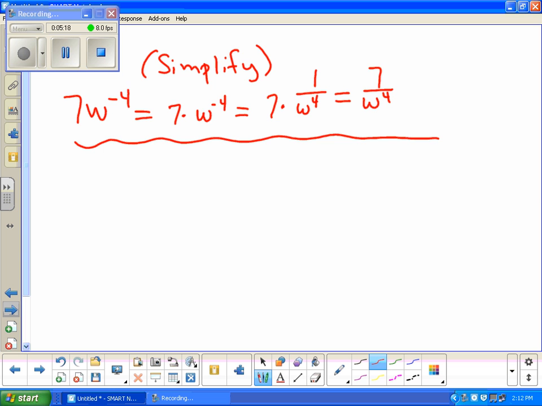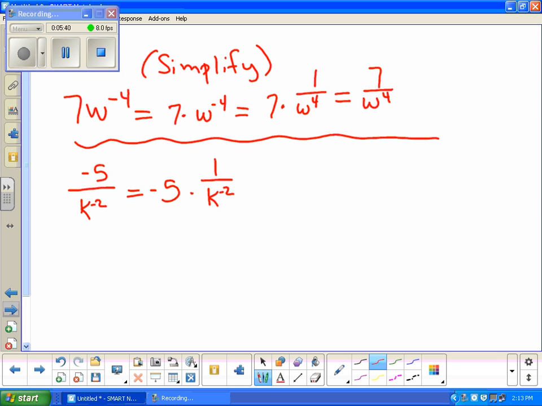Our next example has a negative exponent in the denominator. Let's think about what that means. We're going to break this apart into negative 5 times 1 over k to the negative 2nd power. Now remember, a negative exponent means you're going to write this as a reciprocal to the positive power.